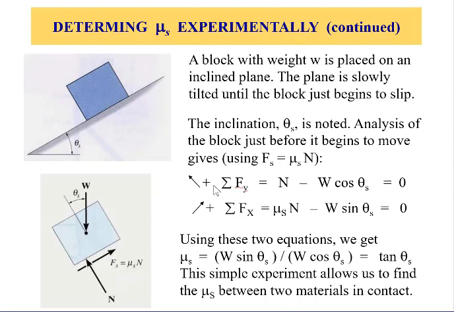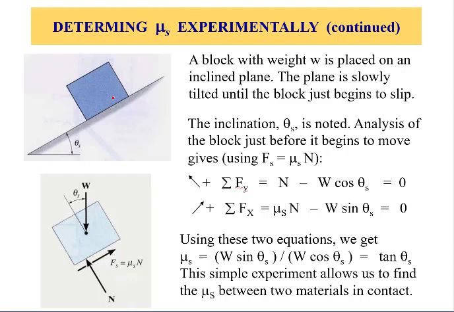A simple experiment could be constructed to compute the coefficient of static friction. As we mentioned, we put a block on an inclined surface where the angle of the surface is theta s. Drawing the free body diagram of this ideal system gives you a weight pointing downward at an angle theta s.